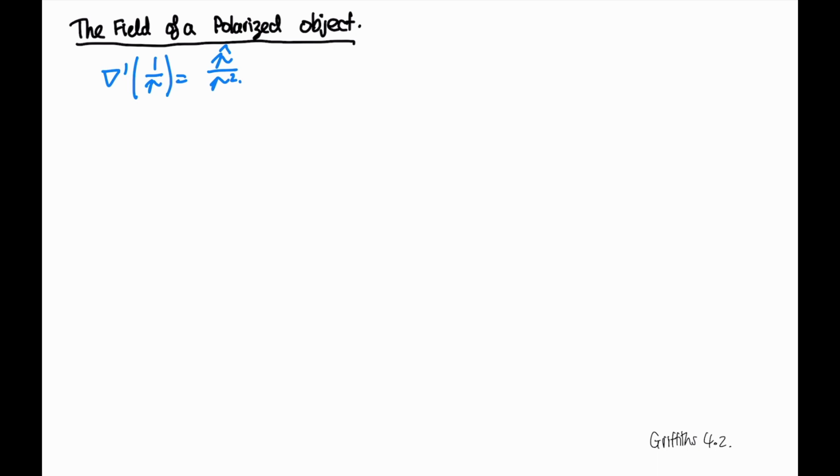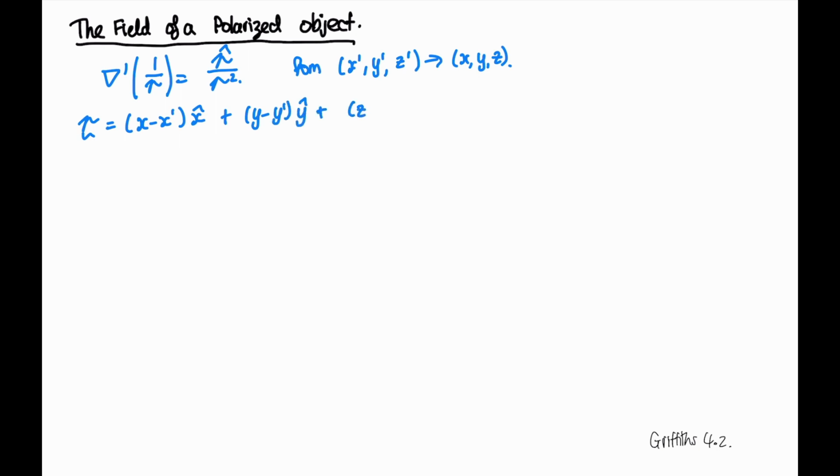Okay, so remember curly r is a displacement vector from x prime, y prime, z prime to x, y, z. So we can write it down as a vector: curly r is equal to x minus x prime in the x direction, plus y minus y prime in the y direction, plus z minus z prime in the z direction. So this is the vector.